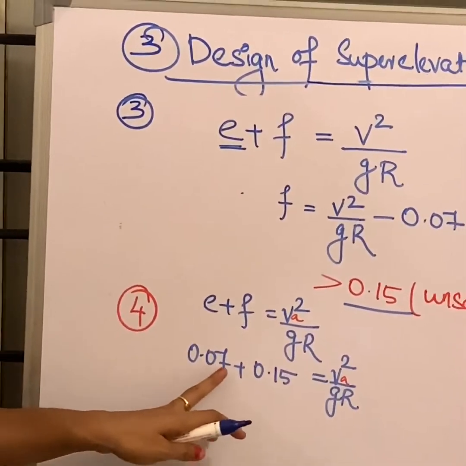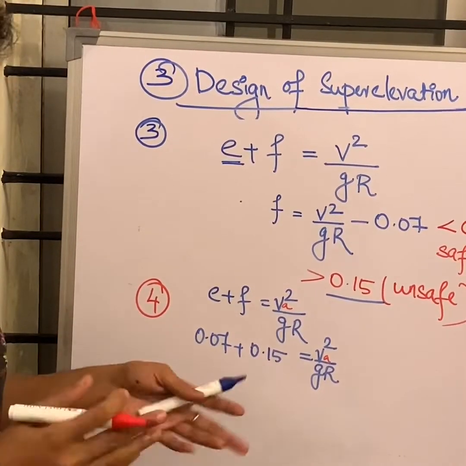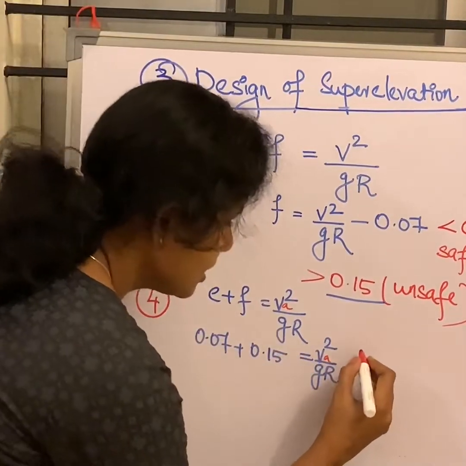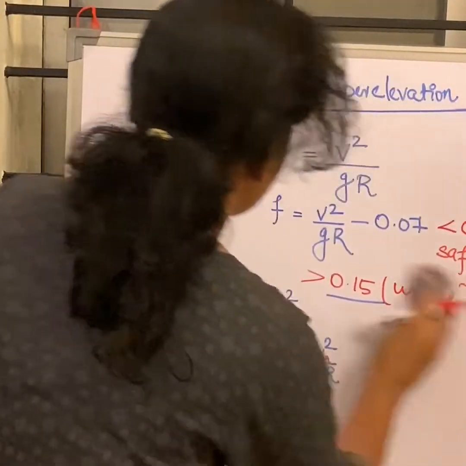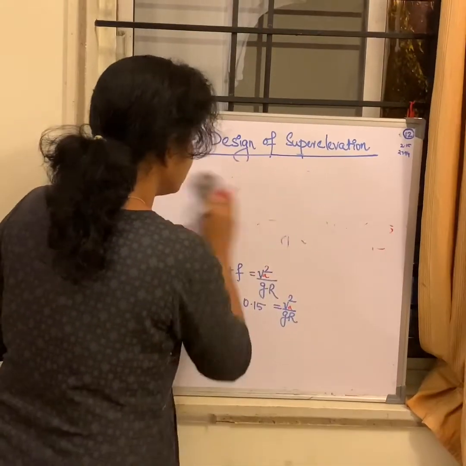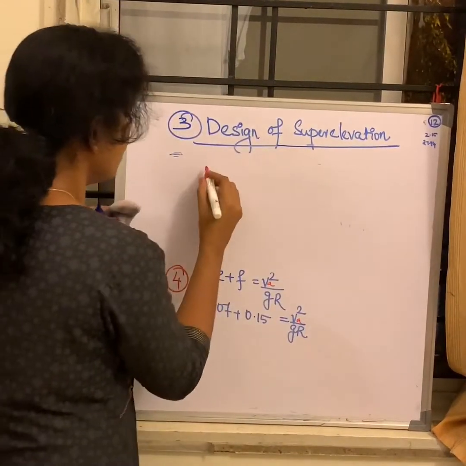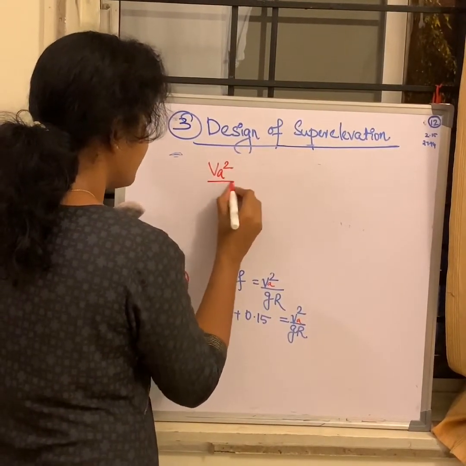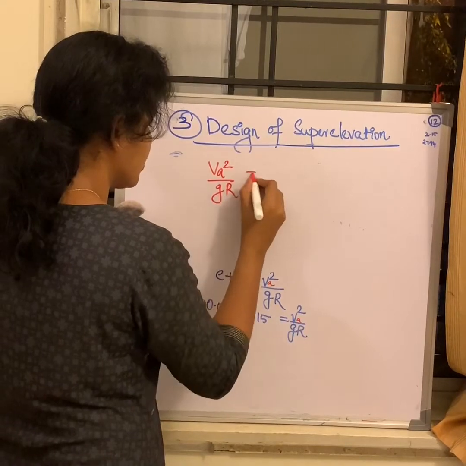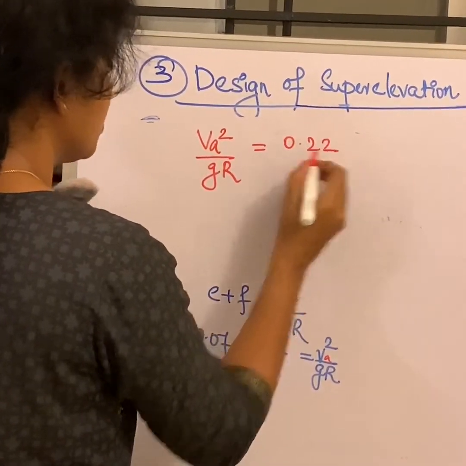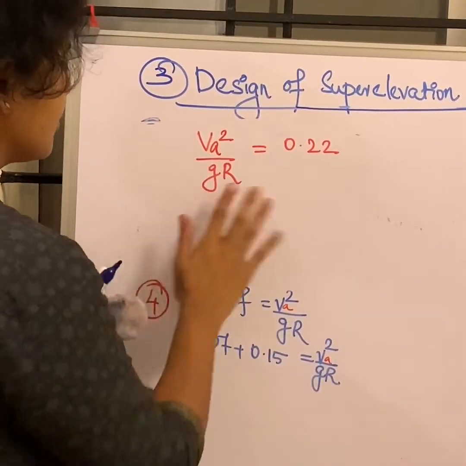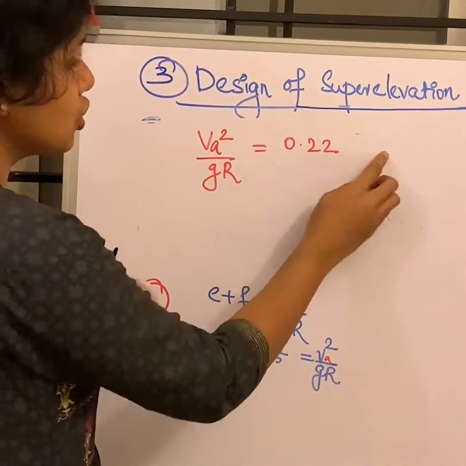So this 0.07 plus 0.15 is 0.22. So I can write it as VA square by GR is equal to 0.22. So what will be VA square? It will be 0.22 GR, square root.